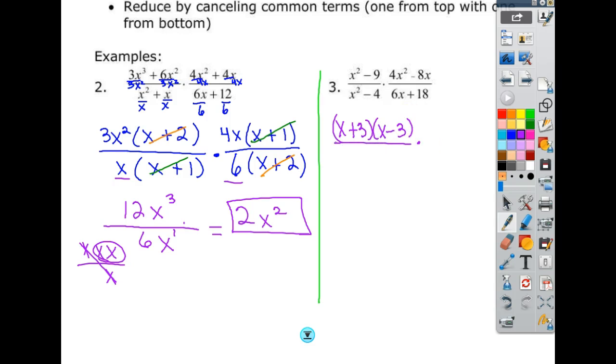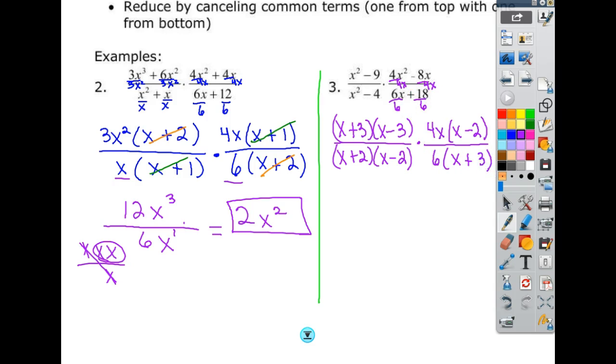In the numerator, x plus 2, x minus 2. Up here, what can they both divide by? A 4 and an x. And when we do that, we get x minus 2.